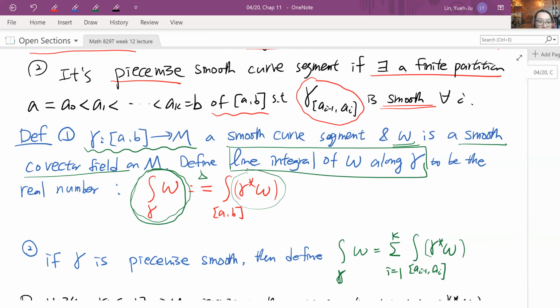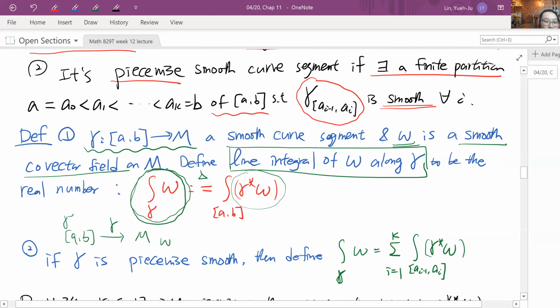So gamma goes from [a,b] to M, and you have an omega here, then you pull back to a covector on [a,b], then everything is on R. So now essentially you have a covector on R, right?